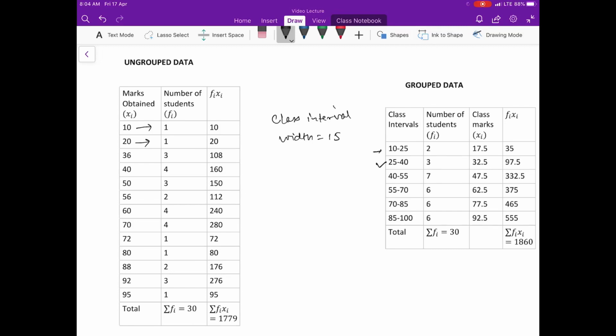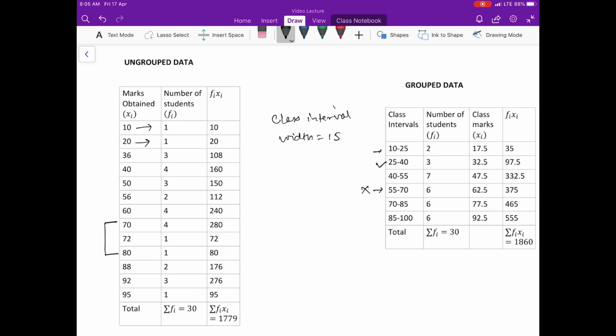Let us take an example over here. Here we have students getting 70 marks. The number of students getting 70 marks is 4. So we will not include the students getting 70 marks in this one. We will include them in the 70 to 85 range. So 4, 5, 6.